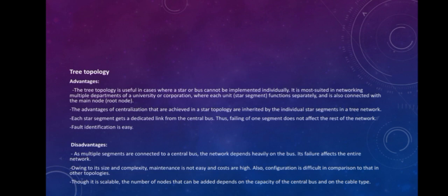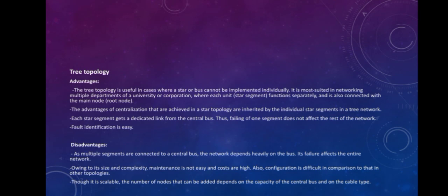Its advantages: the tree topology is useful in cases where a star or bus cannot be implemented individually. It is most suited to networking multiple departments of a university or corporation where each unit functions separately and is also connected with the main node, also known as the root node.